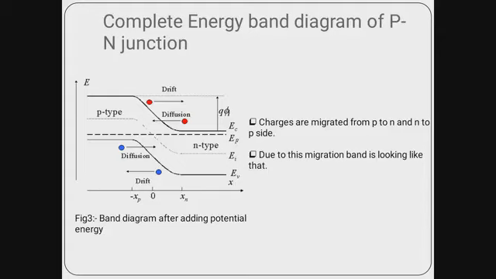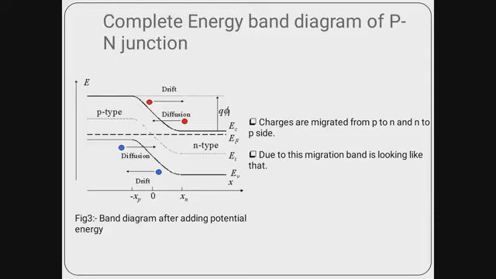The same phenomenon happens here. Holes diffuse from P to N side and we get drift, and electrons diffuse from N to P side and we get drift current from N to P side. Due to these migrations we get this kind of band bending structure in a PN junction.